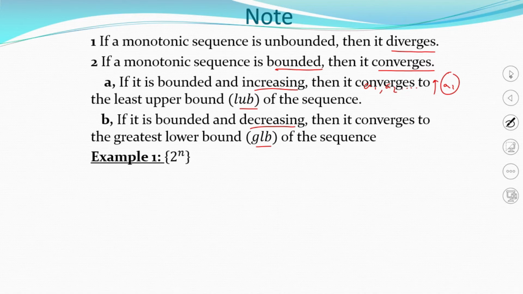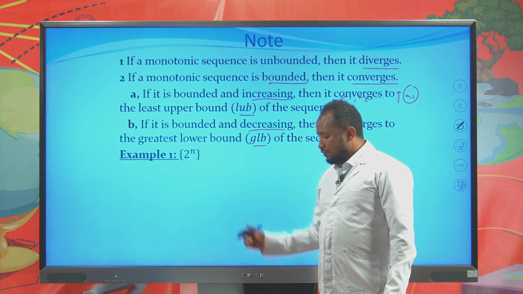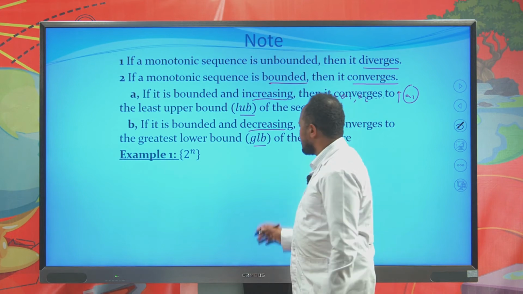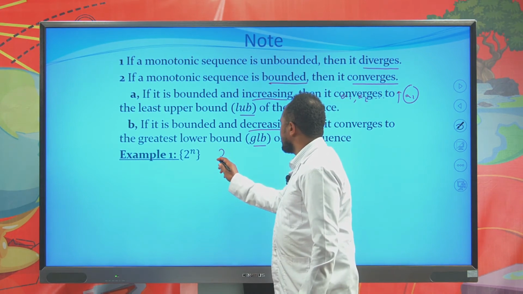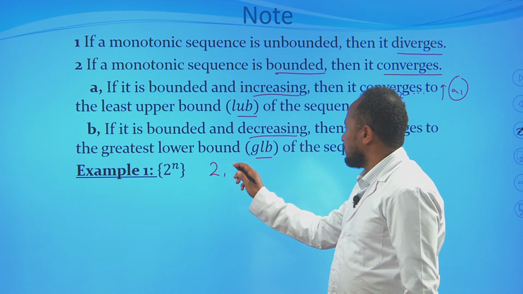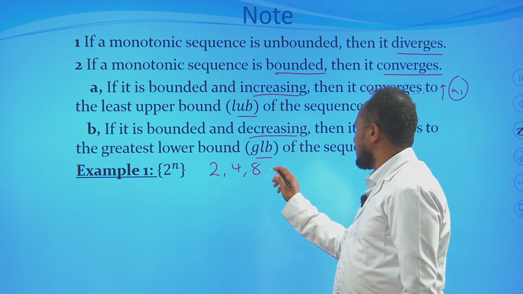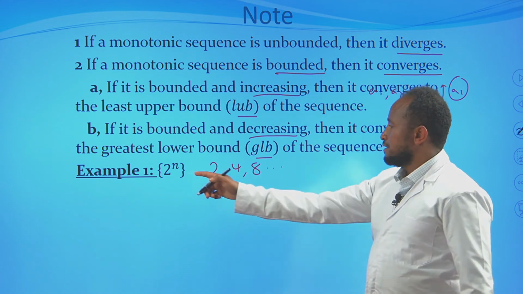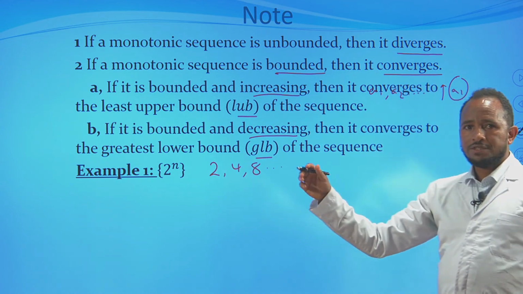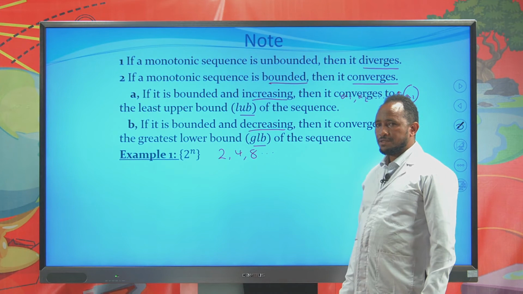If you take this one, 2 to the power of n, and list the terms of this sequence, the first one is 2, the second one 4, the third 8. It goes on like this. As you can see, this sequence is monotonic, an increasing sequence.